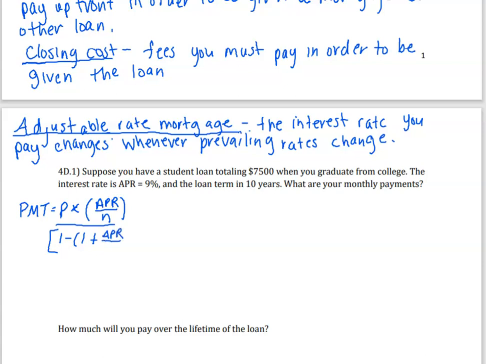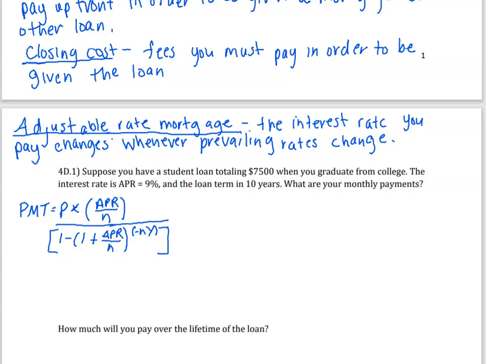So this is not just 1, it's 1 plus the APR divided by the number of times it happens per year. And then you would do your exponent next. So all of that stuff kind of goes together.